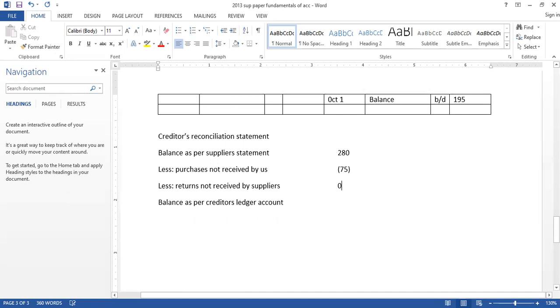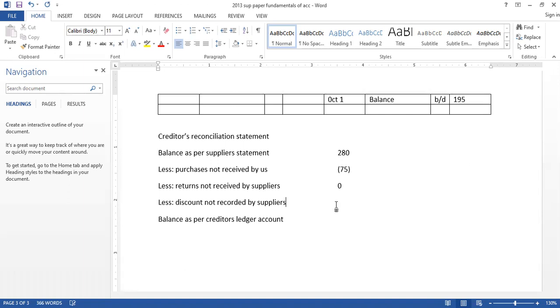Okay, so we can even do this: less discount not recorded by suppliers.